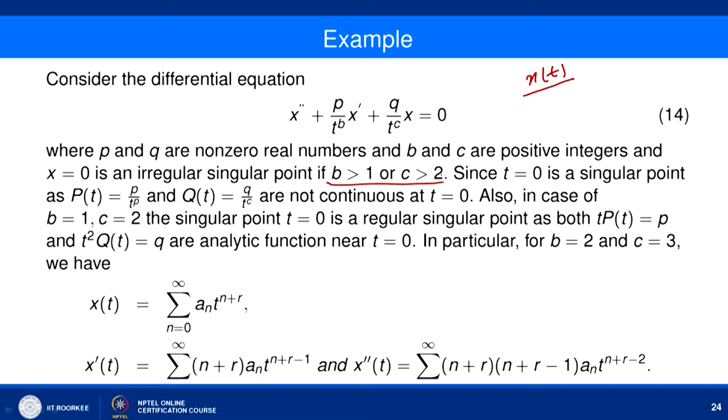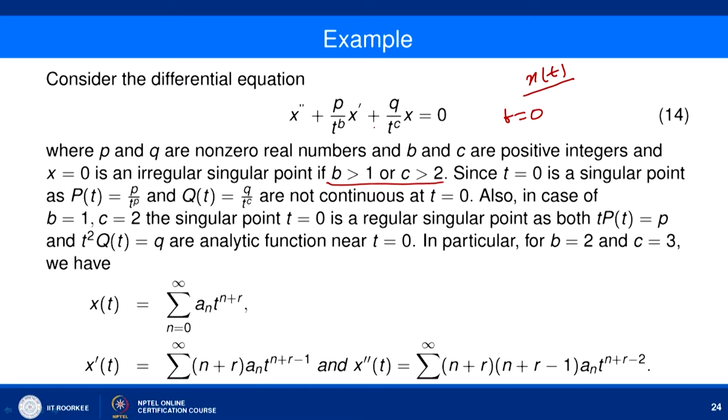First of all, we can already check that t equal to 0 is a singular point, because the coefficient of x dash and the coefficient of x are not continuous at t equal to 0. Then we want to check whether it is a regular singular point or not.